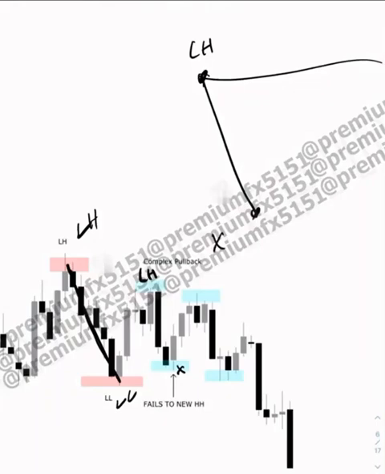So we understand that these levels right here were not able to create a new higher high. So this is what we're going to call a point of interest, that we'll explain in the future, but this point here is going to be a point of interest, but it's not going to be a true lower high. I put the cross just on the side, so it's not a true lower high. We are still moving inside my bearish push.